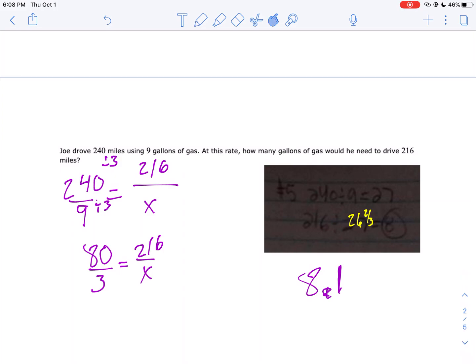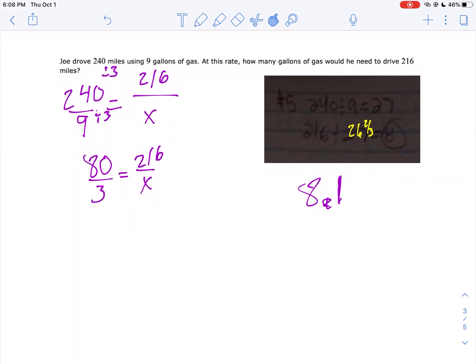Now, X is in the wrong spot in our ratio, isn't it? It's in the denominator. It makes it really tough to solve problems when X is in the denominator. So let's use the property of reciprocals. What I'm going to do is I'm going to flip and make it X over 216. Well, if I flip one side, I got to do the reciprocal of the other side, so that's 3 over 80.